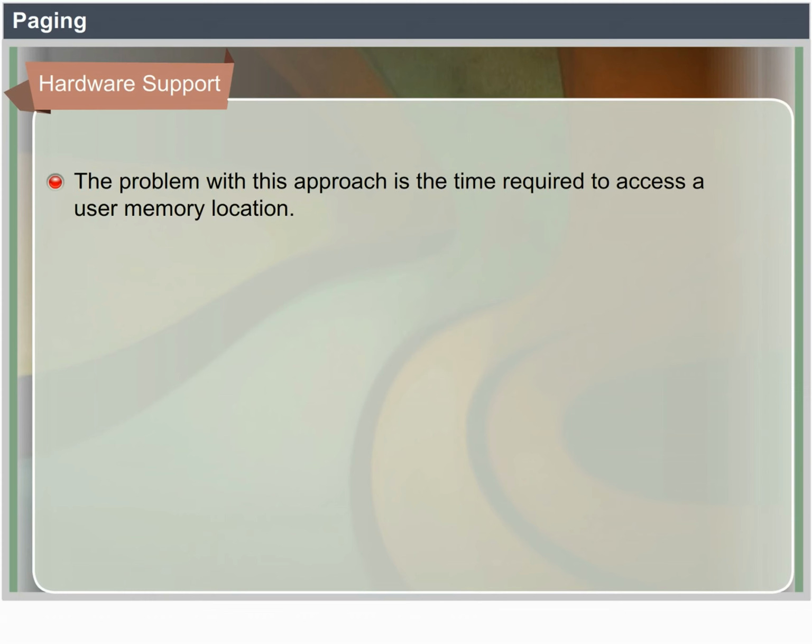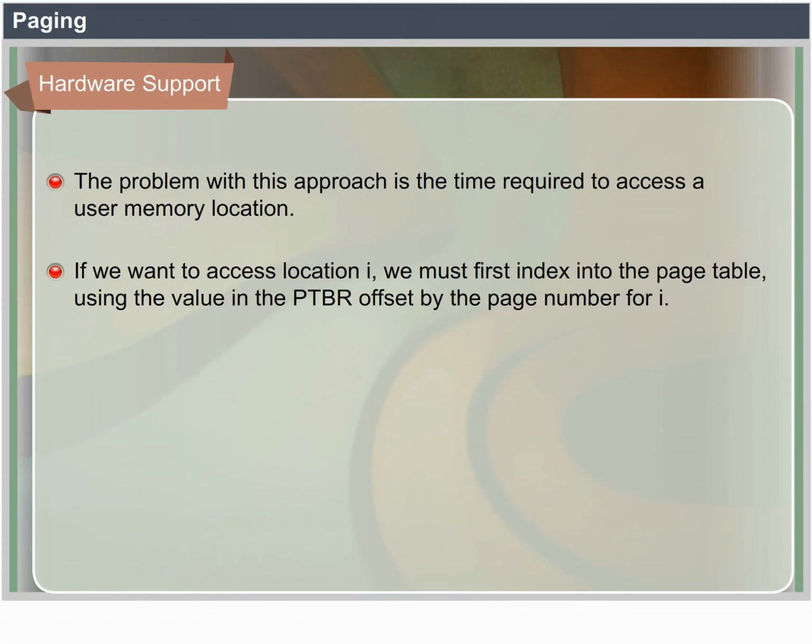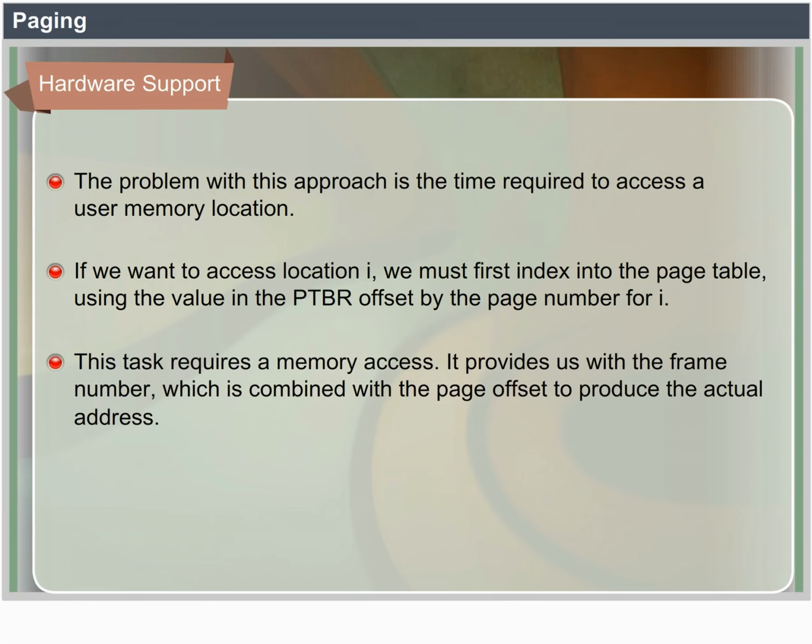If we want to access location I, we must first index into the page table using the value in the PTBR offset by the page number for I. This task requires a memory access. It provides us with the frame number, which is combined with the page offset to produce the actual address. We can then access the desired place in memory.